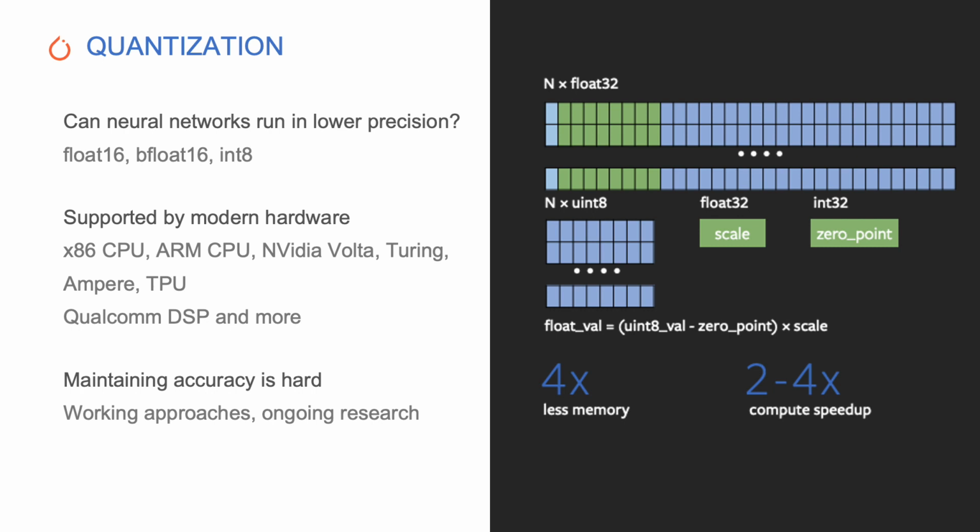And with modern hardware on the CPU side, the GPU side, and also the DSP side, all three of those hardware families, our partners are rapidly adding new instructions and new capabilities that allow us to really efficiently run compute in int8 or in FP16 or bfloat16.